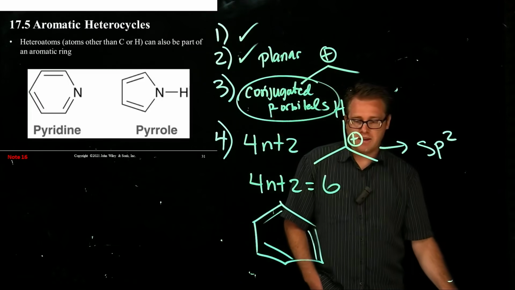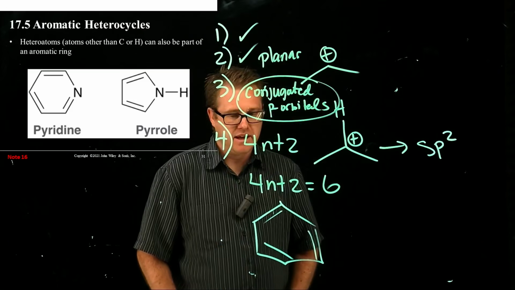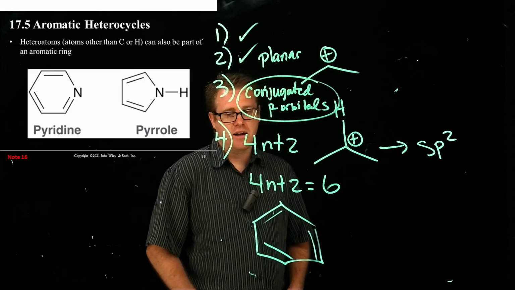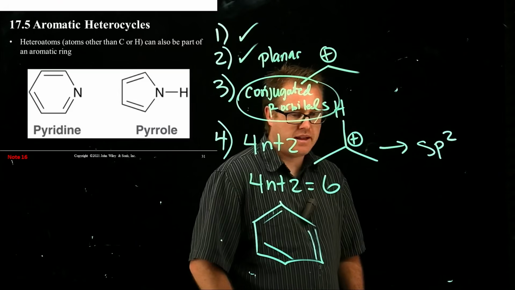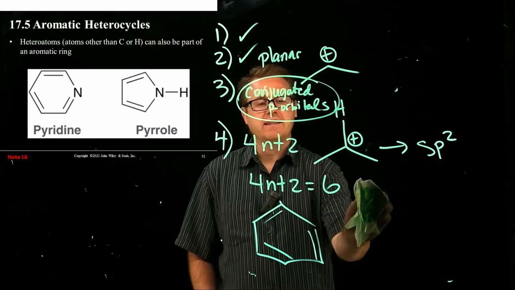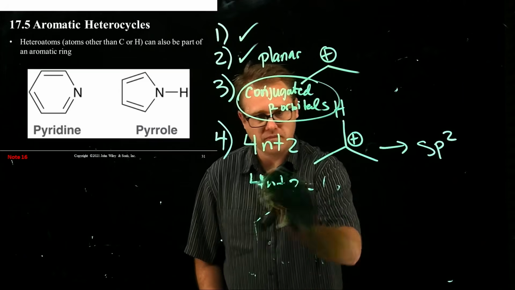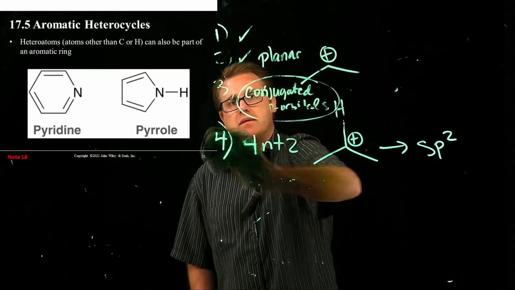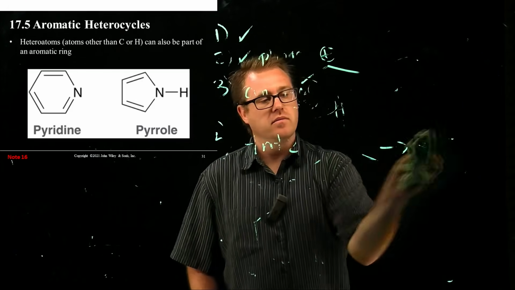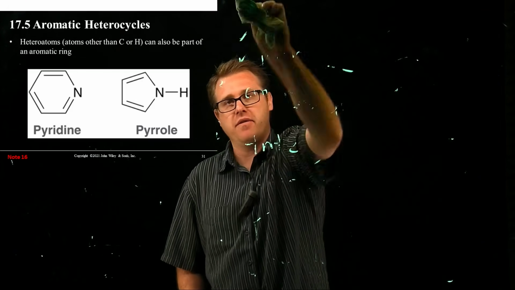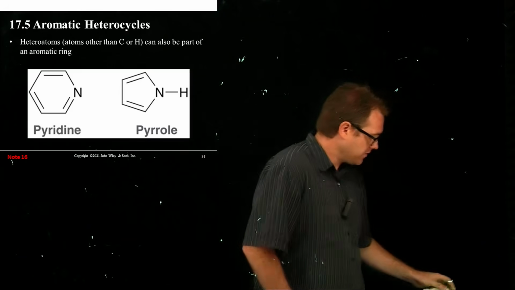The next area that we need to spend some time in is aromatic heterocycles. We are going to talk about pyridine and pyrrole, and both are aromatic, but what gets introduced in this next section is that there are lone pairs. We only have a few minutes left here, so I just want to take the time to introduce this.